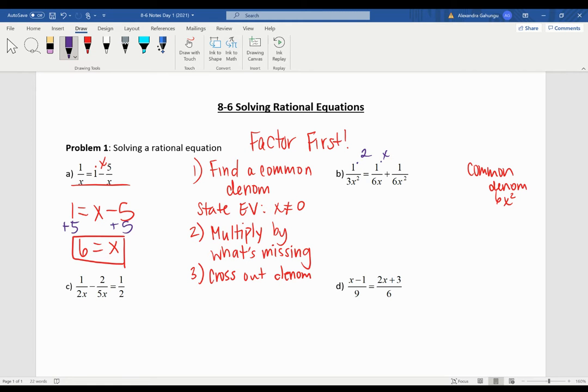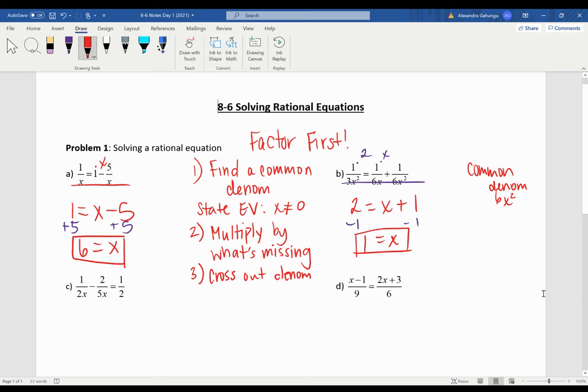And then this one's all good. So then I cross out the denominator. And I will get 2 times 1, so 2 is equal to x plus 1. I subtract 1 from both sides. X is equal to 1.